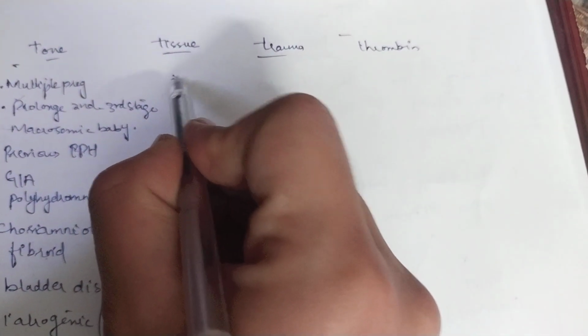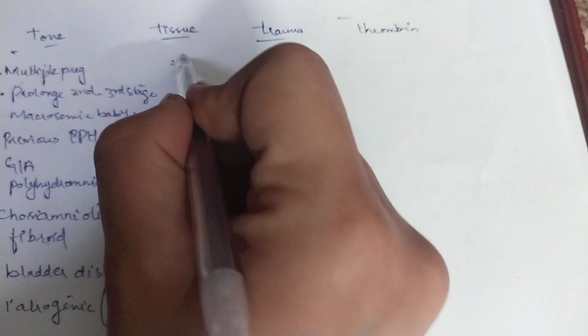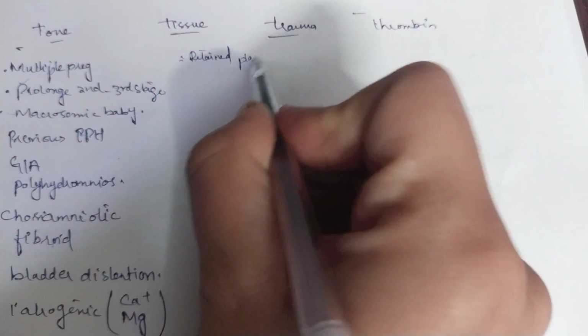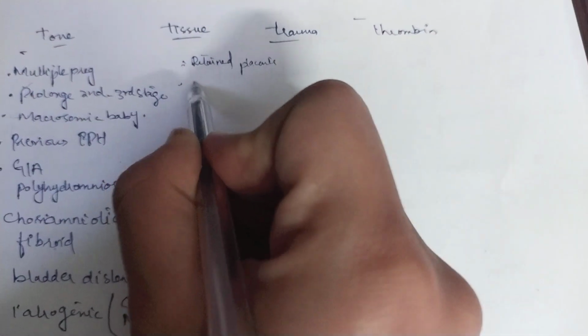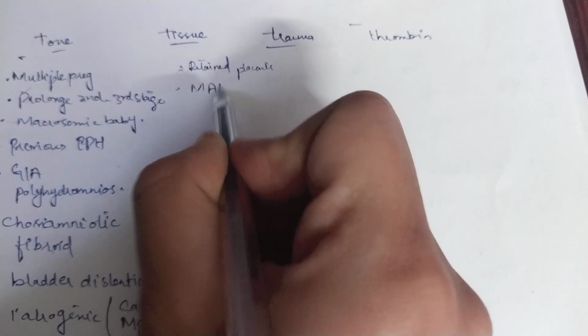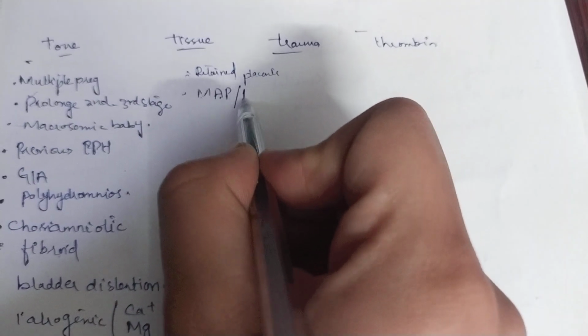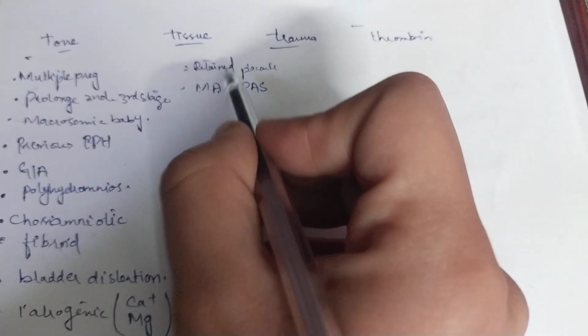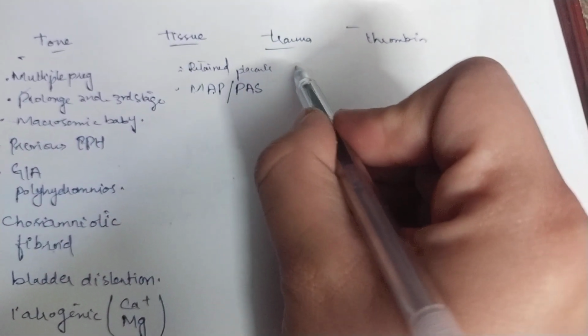Now come to tissue. Retained placenta. Whenever there is tissue inside the uterus, it cannot contract properly and it causes PPH. Retained placenta, and whether you call it morbidly adherent placenta or placenta accreta spectrum, anything, these also cause PPH.